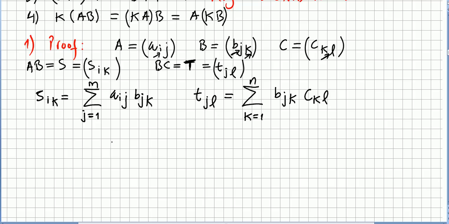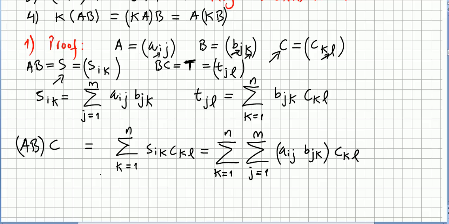So we have to multiply S by C, where S is AB. So we are going to have AB times C. That will be the sum of Siq Cql.